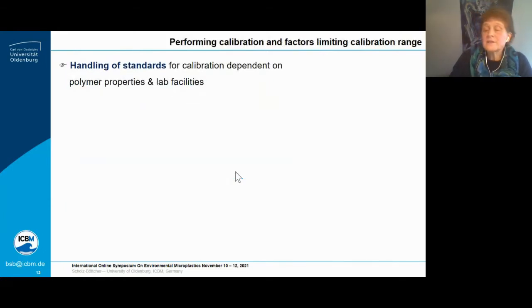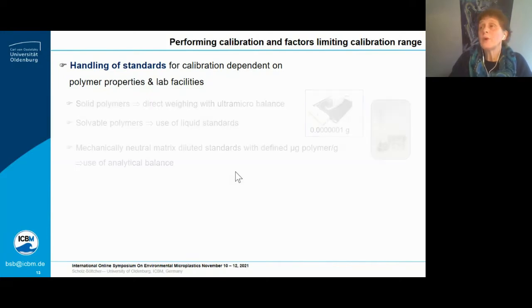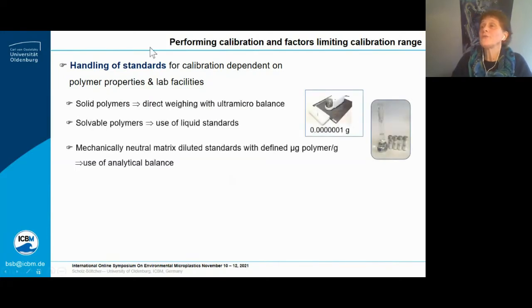Handling of standards is quite different and is highly dependent on the lab facilities and also on the polymer properties. We can handle solid polymers with direct weighing with, for example, an ultra microbalance, which is limited here; we have 0.1 microgram as the smallest unit to read.